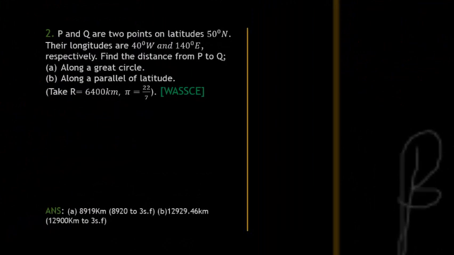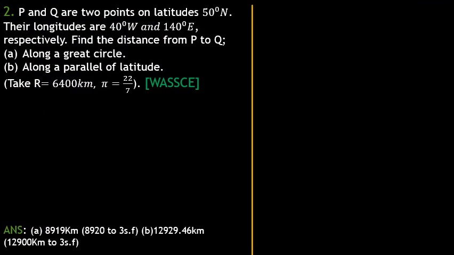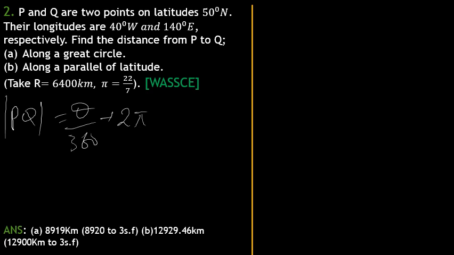So along the great circle, distance PQ is theta over 360 times 2 pi capital R. Don't forget, along the great circle you use beta, not theta.